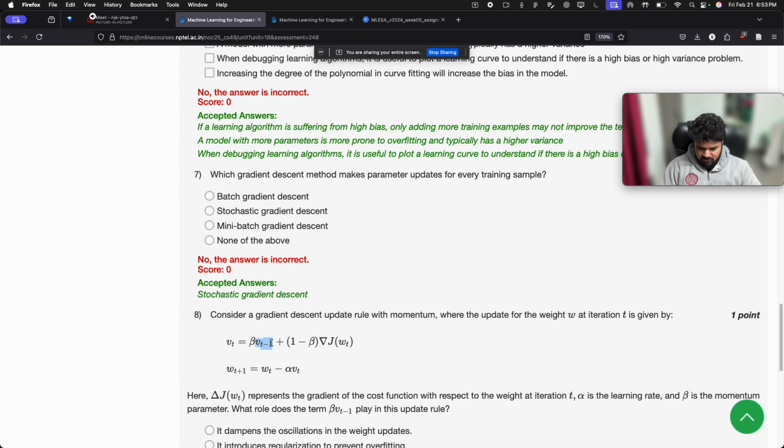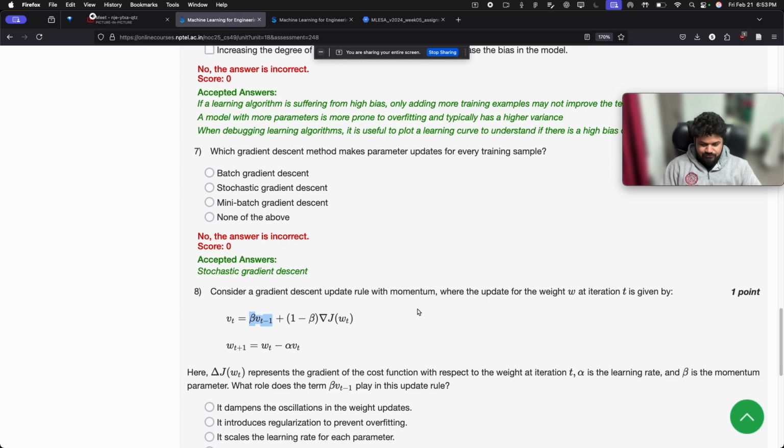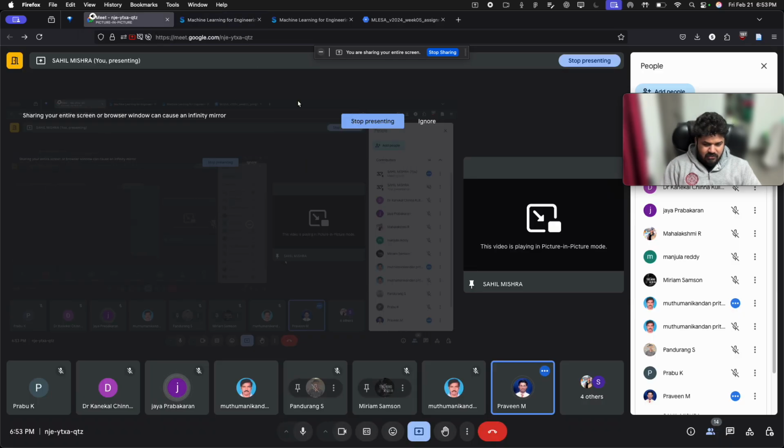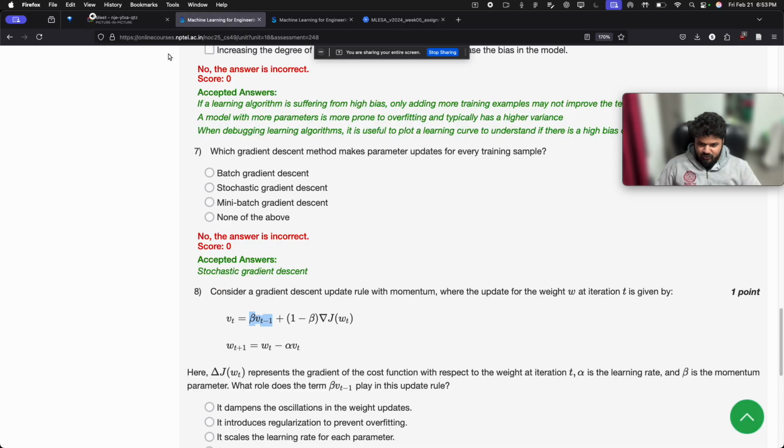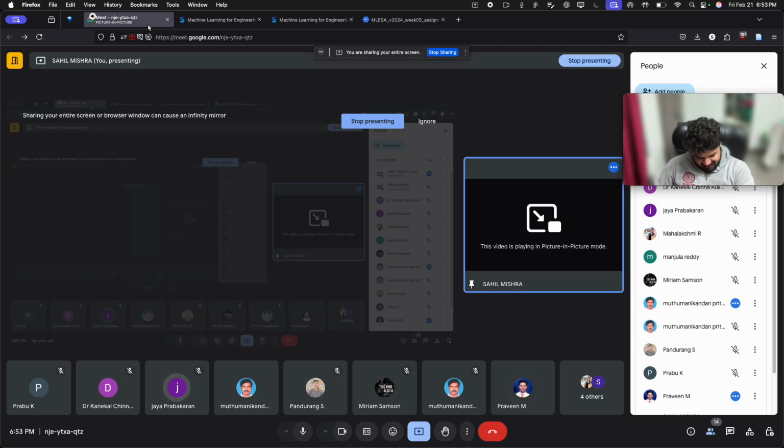You take a derivative of the cost function. Getting my point? See, I have to share my iPad again. Just a second. This toggling is the only thing which frustrates me. Just a second, I'll show you mathematically.